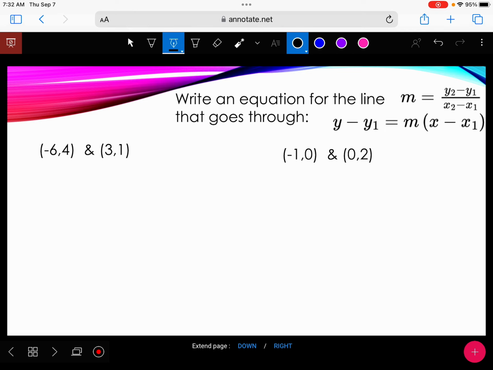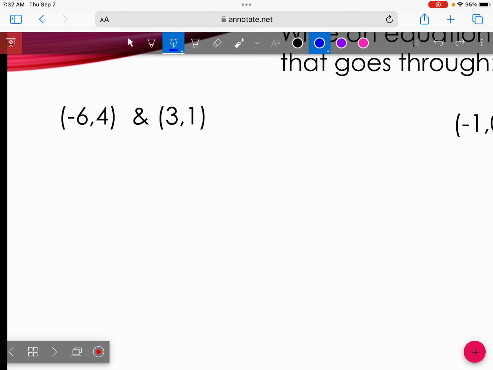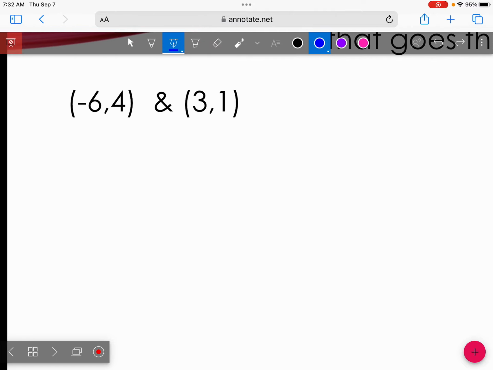First thing we need to do is use our slope formula from yesterday, which I did put up here. The difference in the y's over the difference in the x's. So for this first one that has the pair of points -6, 4, and 3, 1, first things first, find our slope.